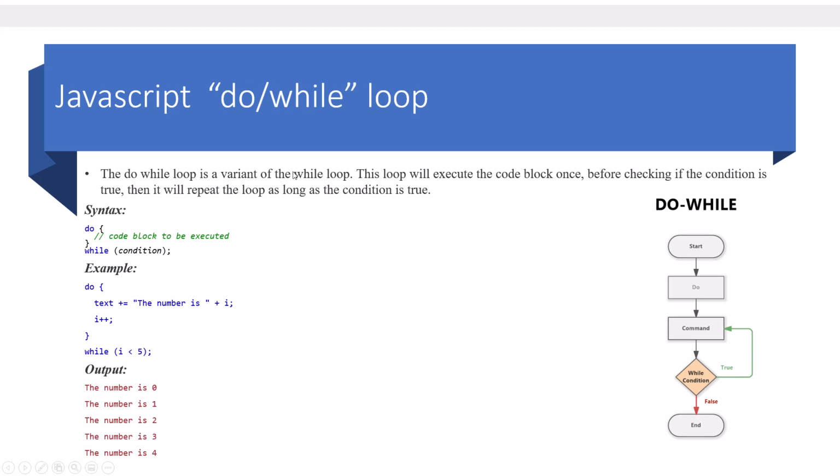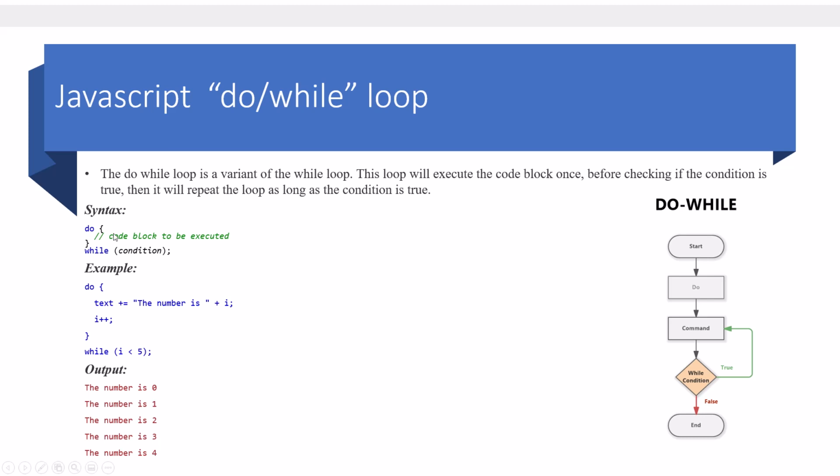The next is do while loop. So here we are using do while loop as a variant of the while loop, and this loop will execute the code block once before checking if the condition is true. Then it will repeat the loop as long as the condition is true. So previously, we were checking the condition in while and then executing the code.